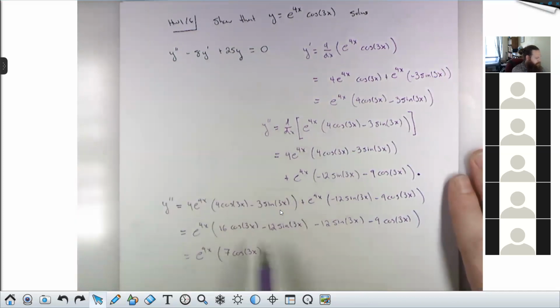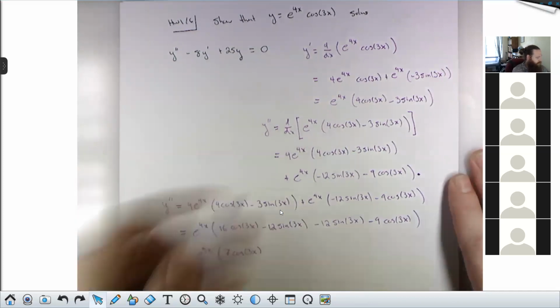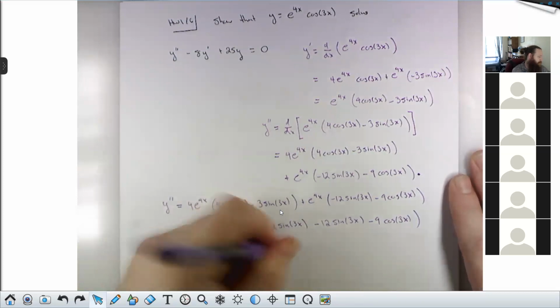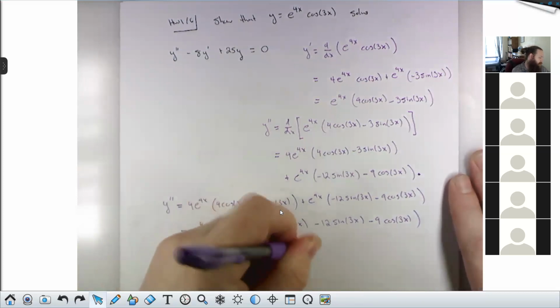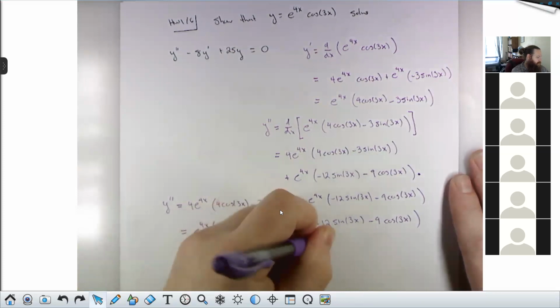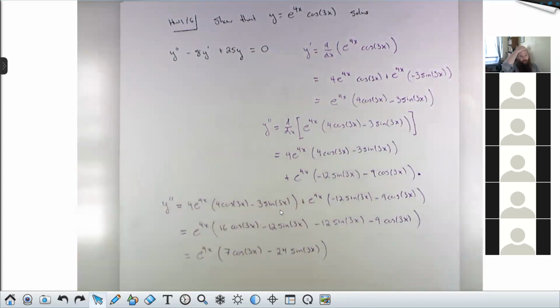And then the minus 12 sine 3x minus 12 sine 3x is minus 24 sine 3x. All right, so there's y double prime, all nice and simplified. So now that I have y prime and y double prime, I can plug everything into this differential equation and see if I get a true statement. Hopefully I do.